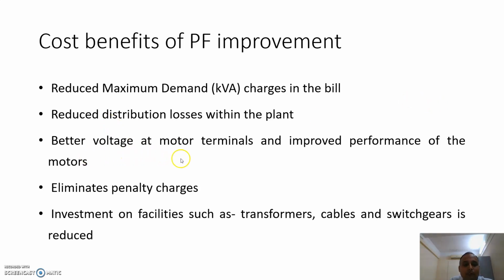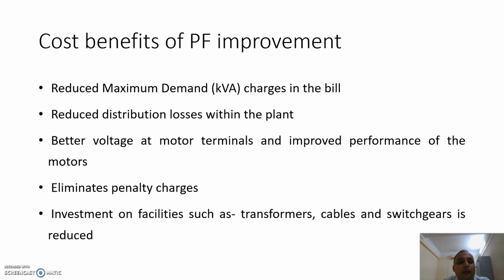We have a better voltage at motor terminals and improved performance of the motors, because when the current decreases, the voltage at the motor terminals can also be maintained at a certain level. The total kVA gets reduced, so that also reduces the load on the supply system, and therefore we get a better voltage at motor terminals.